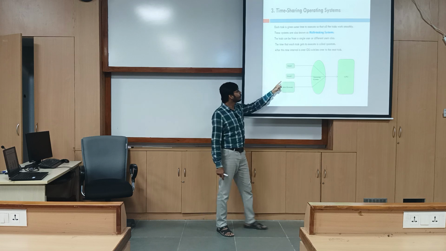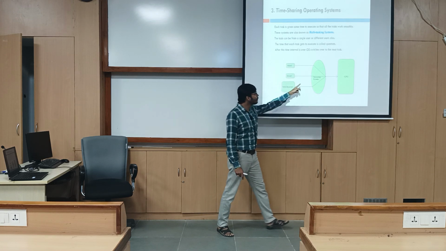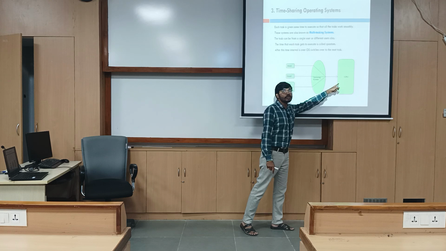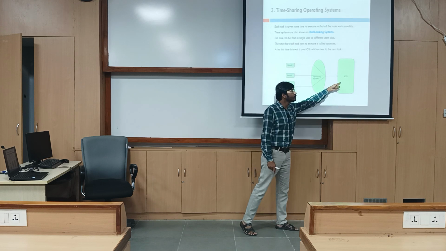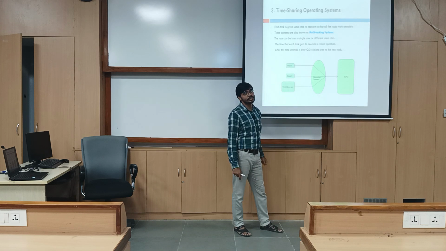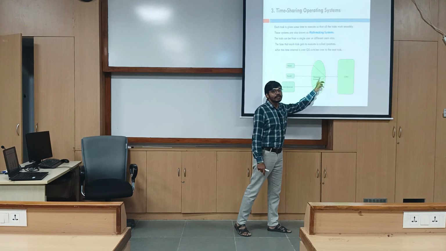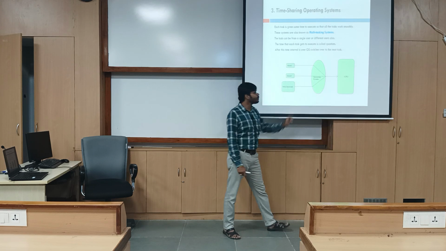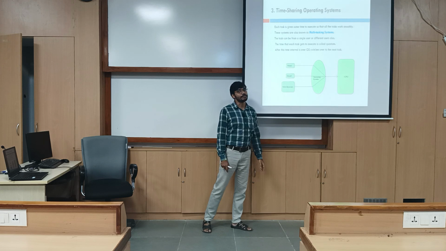So one time quantum will be given to each process. They will come, they will execute for that amount of time, and again they will go, they will wait. The next program will come, they will execute, they will utilize the CPU, and then they will wait for the next round. So in that way, everyone will get a chance for the CPU after a specific amount of time. So in this way, we can solve the problem of waiting.